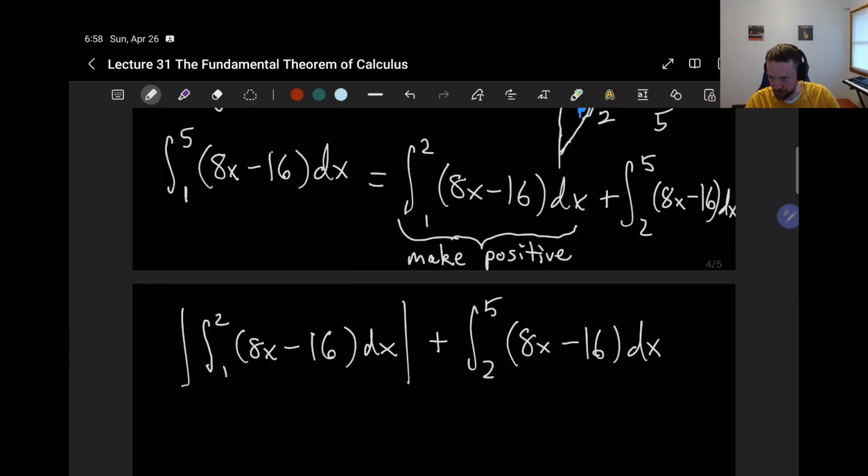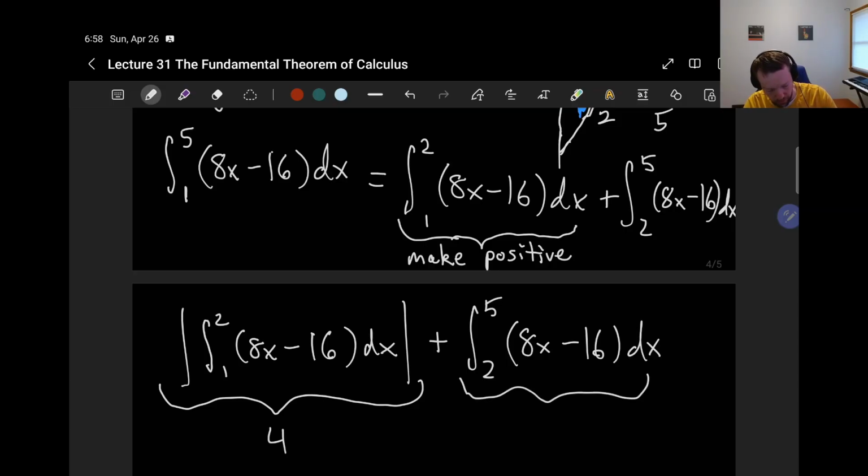Now I'm not going to spend time with the fundamental theorem on this point, but if you take that integral and then take the absolute value, you'll get a positive 4. And if you calculate this separately, you get 36. So the overall area is 40.